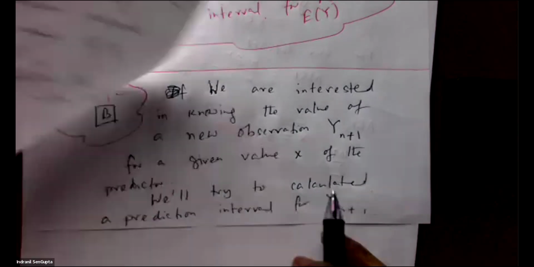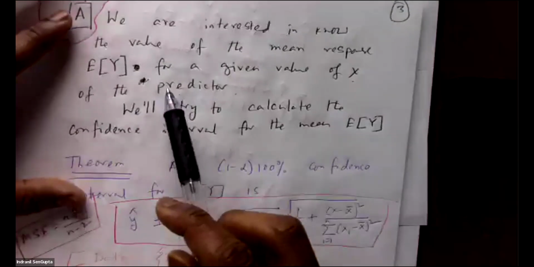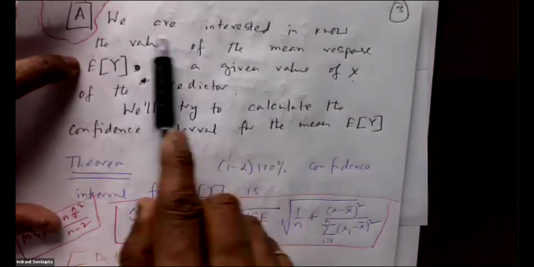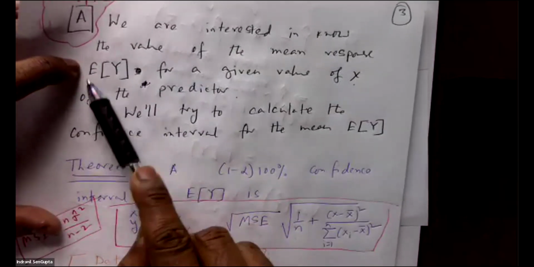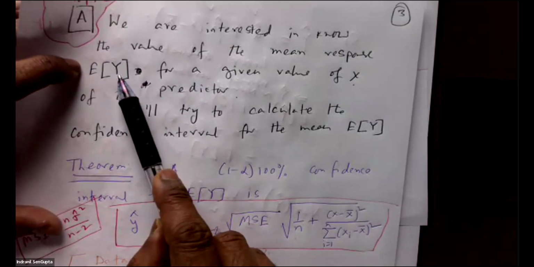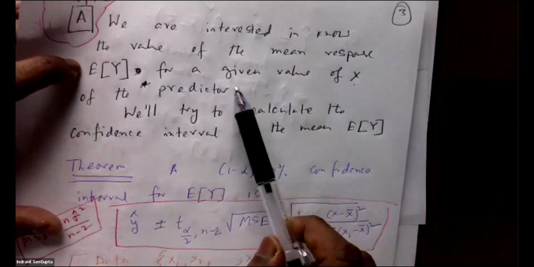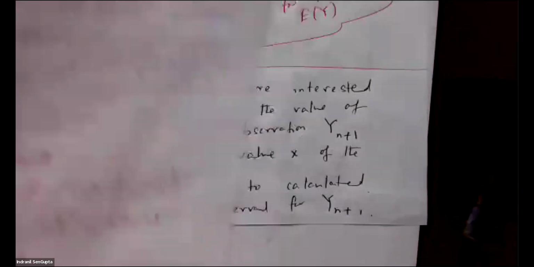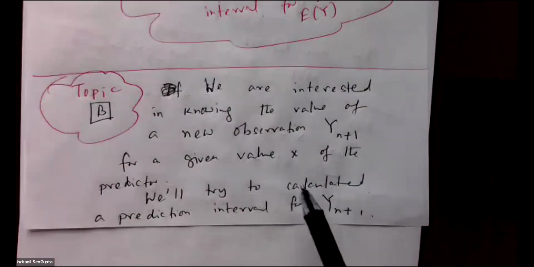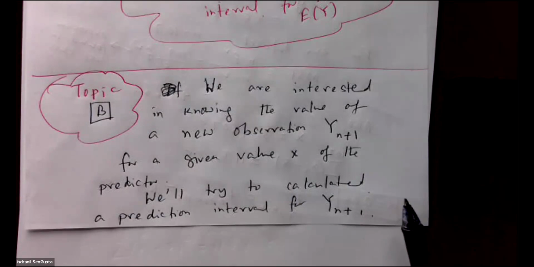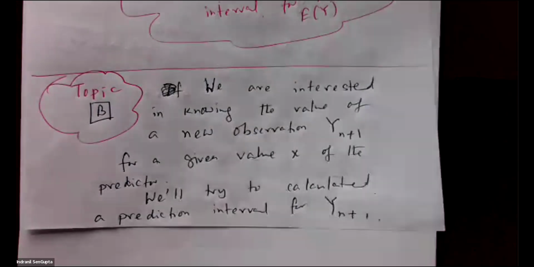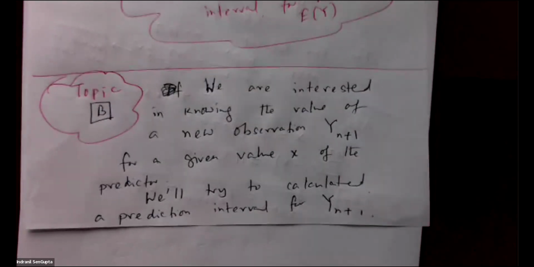The previous one was, we are trying to estimate the value of E of y, so expected value of y, and we are trying to get an interval for that one. And here it's not expected value of y. Here's a new value of y, and we are trying to get the estimated value for that, or the interval for that. Okay, so now how do we do it?